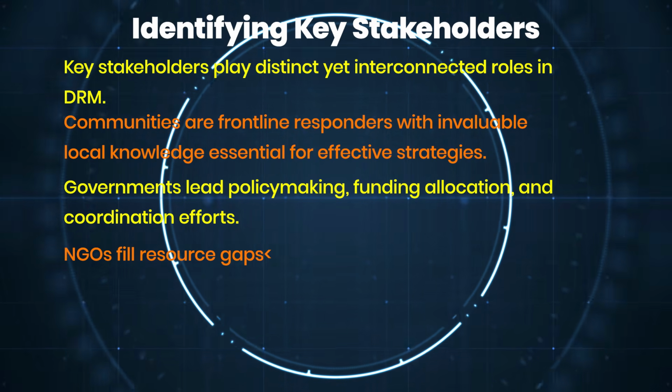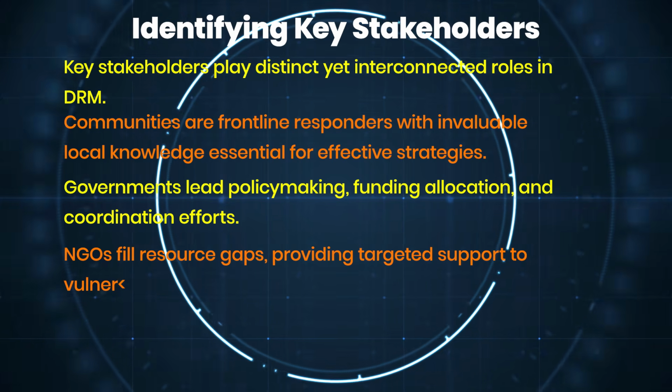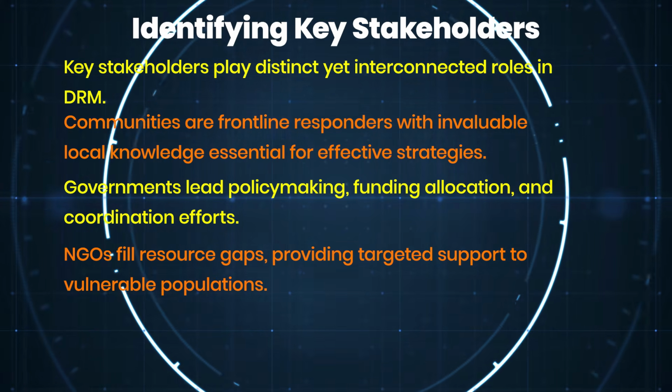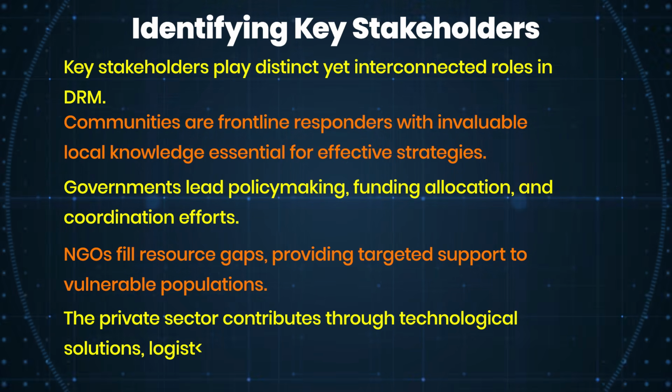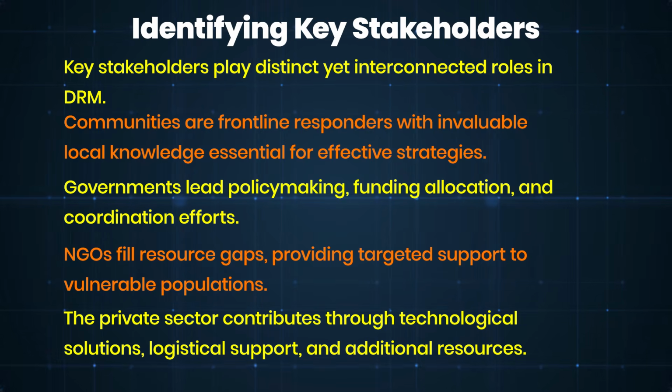NGOs fill response gaps, providing targeted support to vulnerable populations, and the private sector contributes through technological solutions, logistic support and additional resources, meaning thereby that every stakeholder has a role to play in both preparedness and response measures. For example, logistics firms collaborating with relief organizations can expedite food and medical supply delivery during emergencies, and effectiveness can be enhanced.